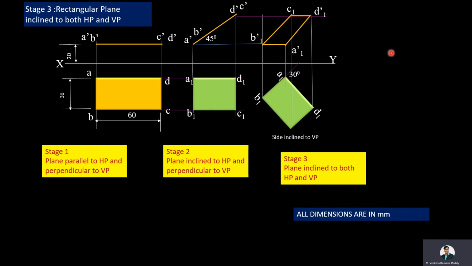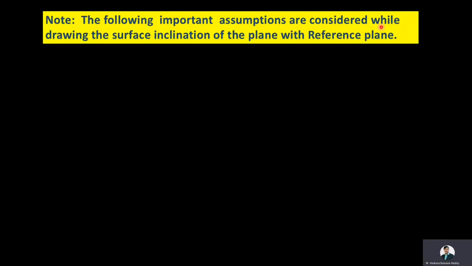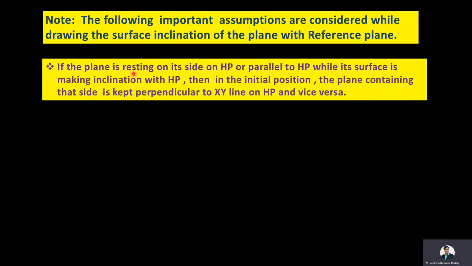Then what are the important points considered under projection of planes inclined to both the planes problems? The following important assumptions are considered while drawing the surface inclination of the plane with the reference plane. If the plane is resting on its side on HP or parallel to HP while its surface is making an inclination with HP, then in the initial position, the plane containing that side is kept perpendicular to the XY line on HP and vice versa.